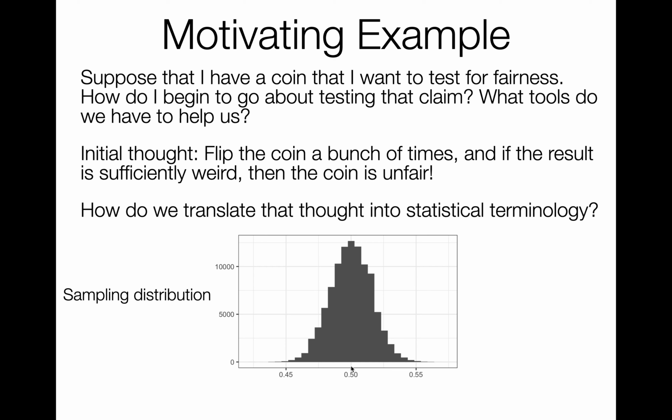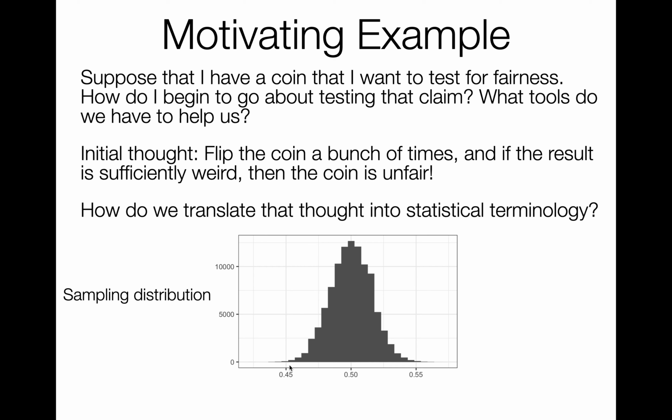But as I get farther and farther away from 0.5, which is my expected number, the height of the bars of the histogram becomes smaller and smaller, which means it becomes less and less likely that I see one of these numbers out here. So if the proportion was 0.45 or 0.55, it looks like that's not very likely given that the coin is fair.